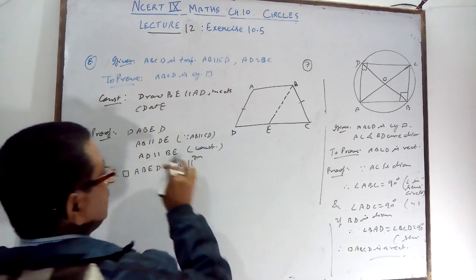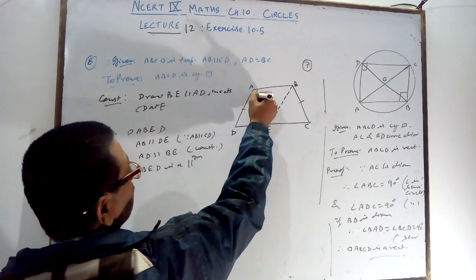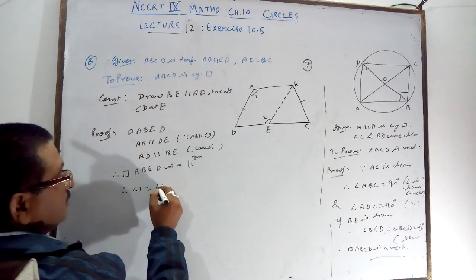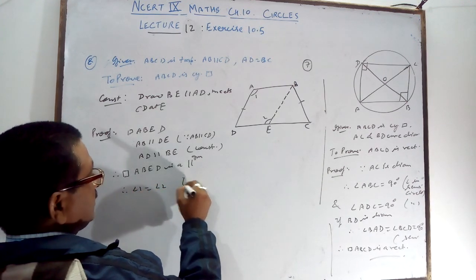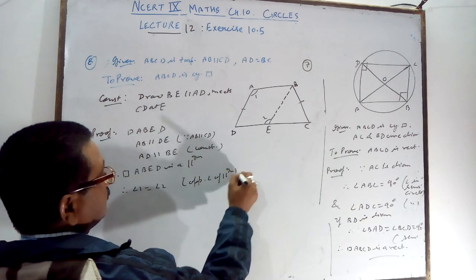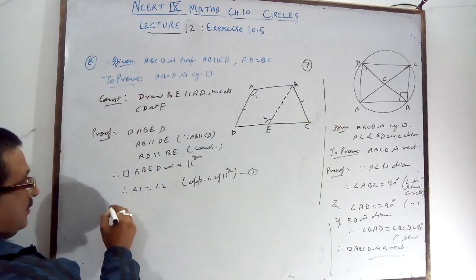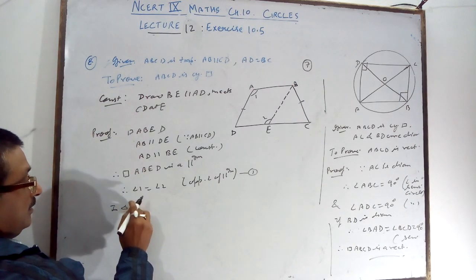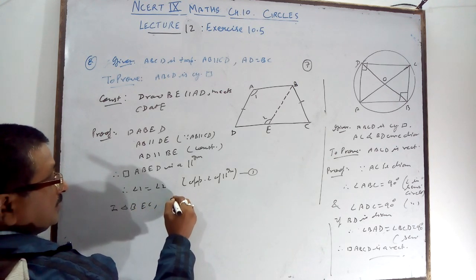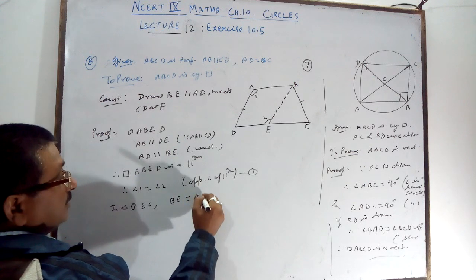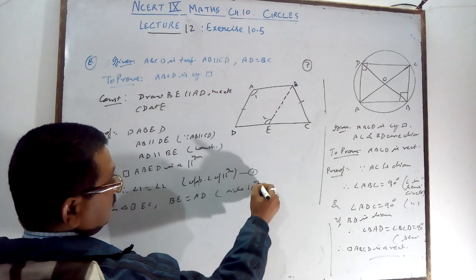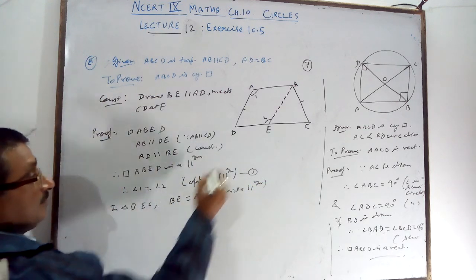Both pairs are parallel, so angle 1 is equal to angle 2, opposite angles of a parallelogram. That is first. In triangle BEC, BE is equal to AD, opposite sides of a parallelogram are equal.